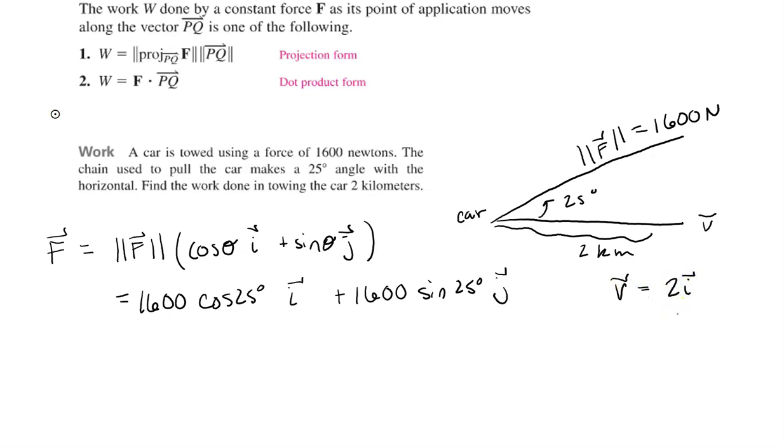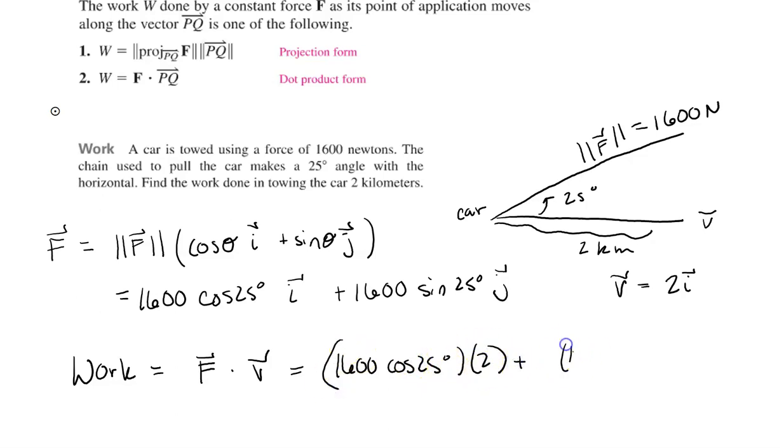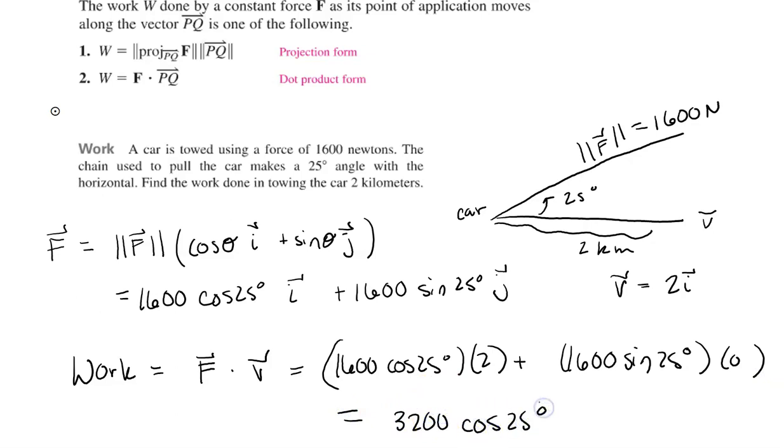So the work is F dot V, which is going to be 1,600 cosine of 25 degrees times 2 plus 1,600 sine of 25 degrees times 0. So this gives me 3,200 cosine of 25 degrees, which is about 2,900.18.